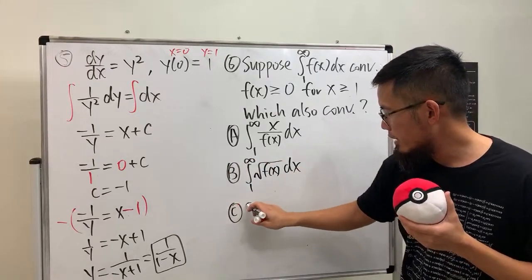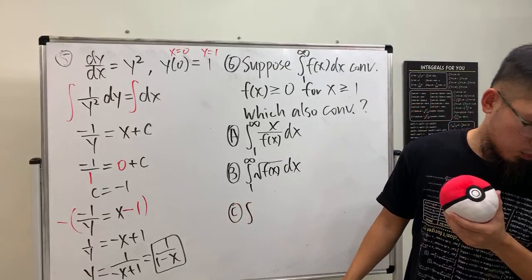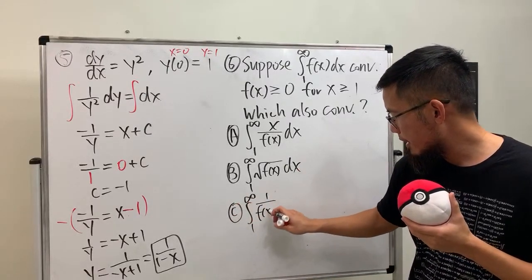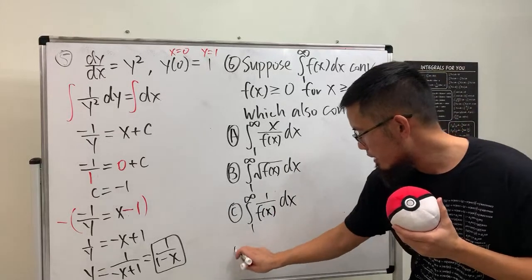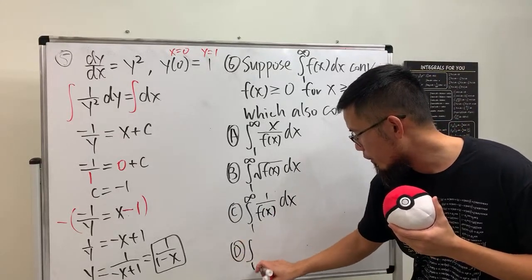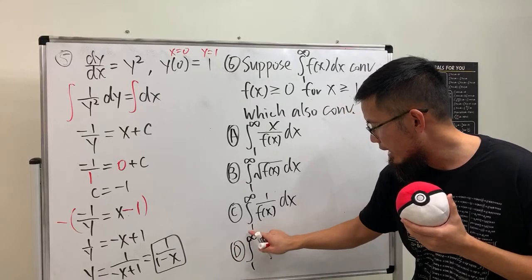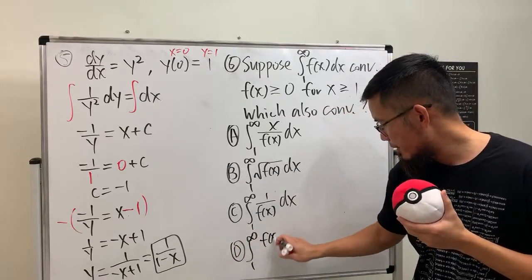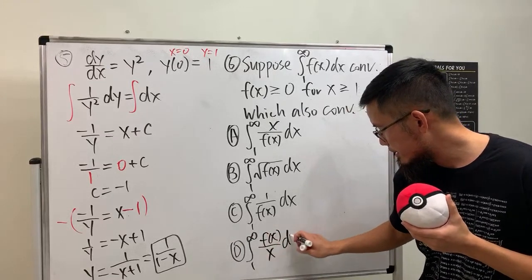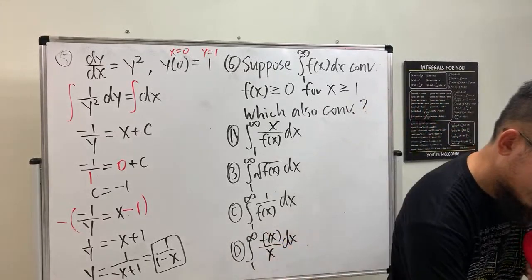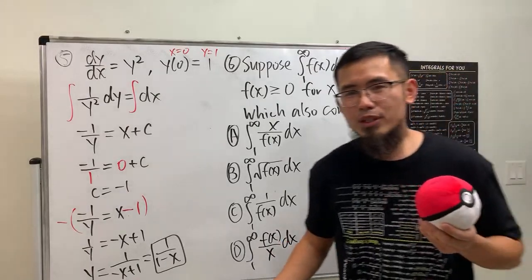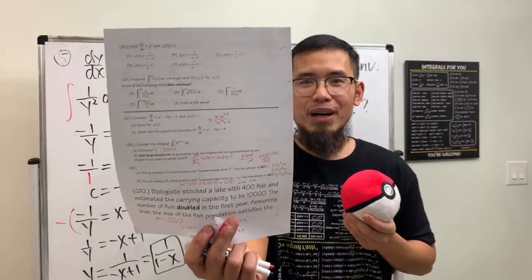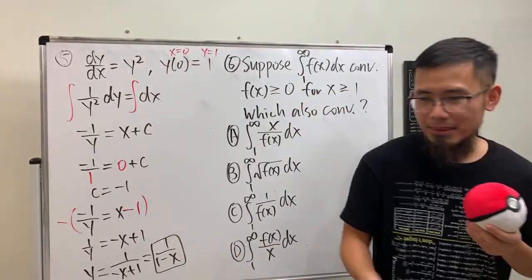C, the integral of 1 over f of x. D, the integral going from 1 to infinity of f of x divided by x, right? And to make the multiple choice question harder, I included none of the above. But let me tell you, it's not the answer, so let me not put it down.